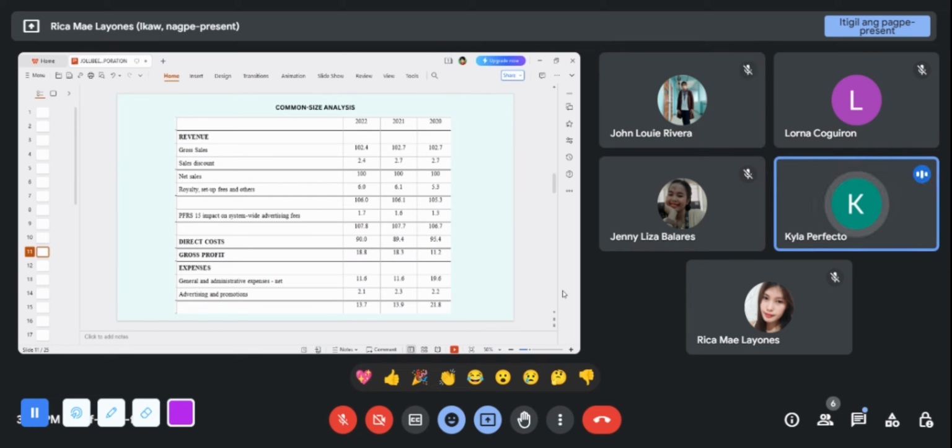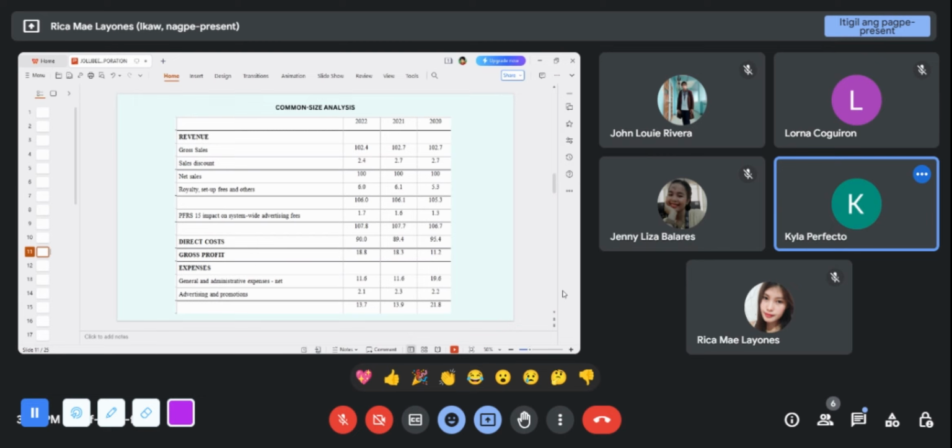Common size analysis. In revenue, the gross sales of 2022 is 102.4, in 2021 102.7, and in 2020 102.7. So in gross sales, mas mataas yung percentage nung 2021 and 2020 kaysa sa 2022. In sales discount, in 2022 2.4, in 2021 2.7, and 2020 2.7.